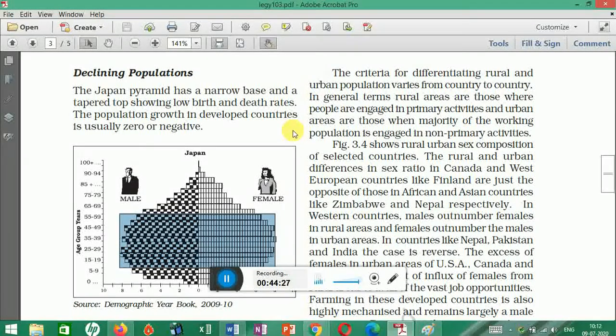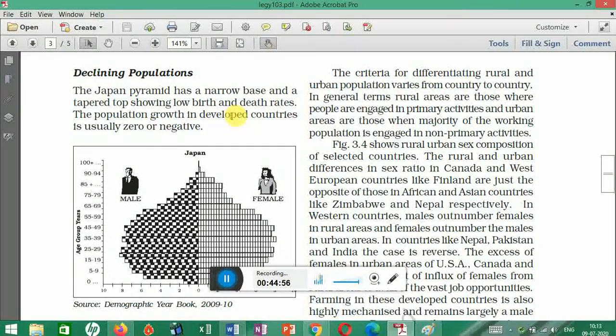Sometimes the death rate is lower, in some countries. Because of this, population growth is usually zero or sometimes negative.